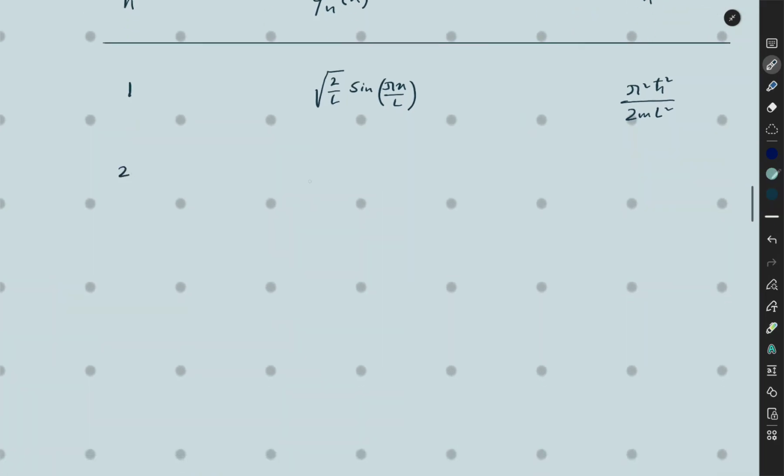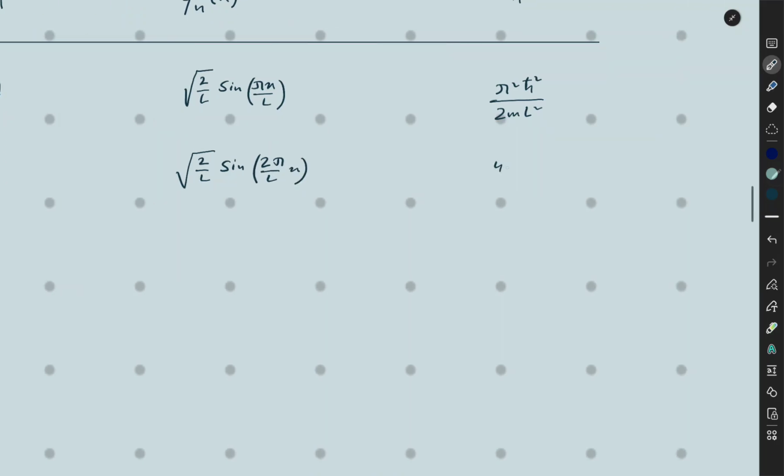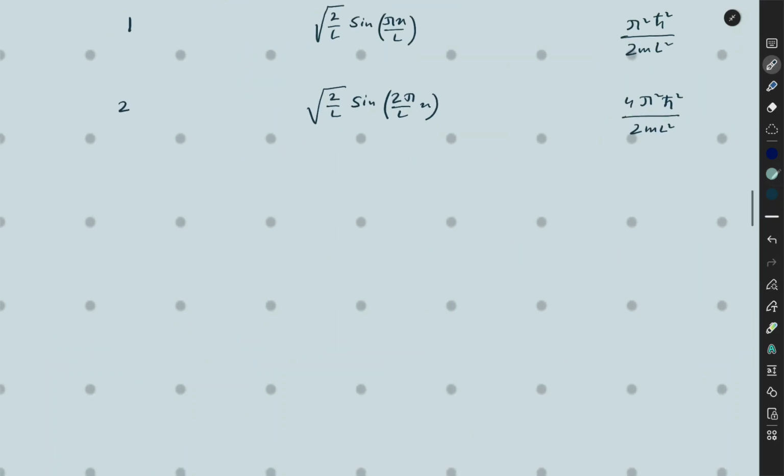Similarly, for n equal to 2, we will get root 2 by L sine 2 pi by L into x, and here we will get 4 pi square h cut square by 2m L square.